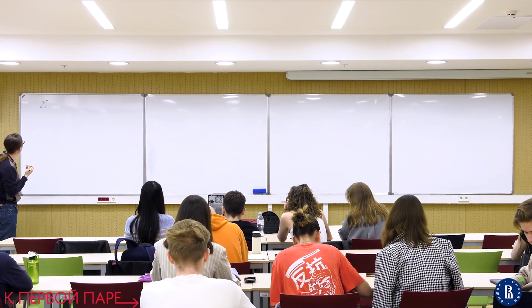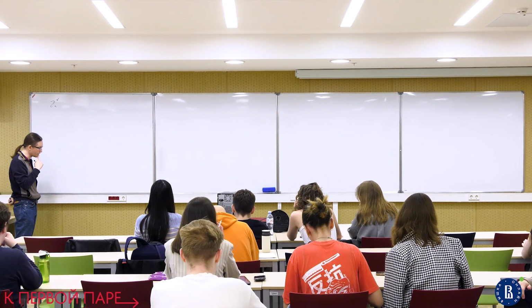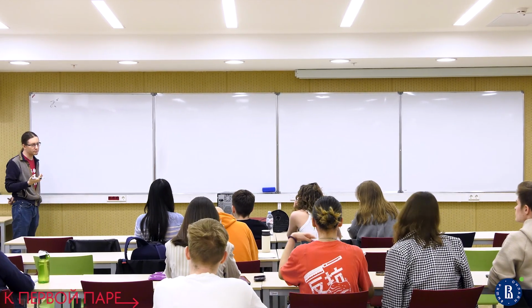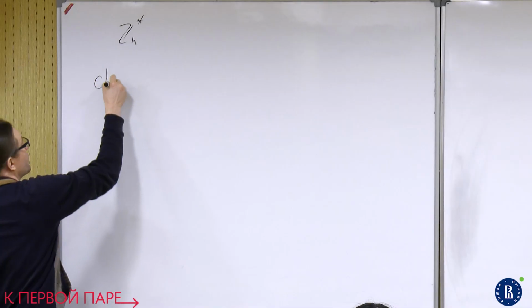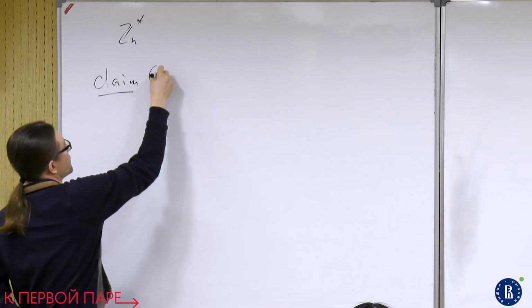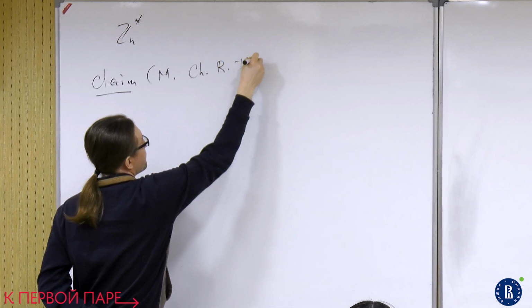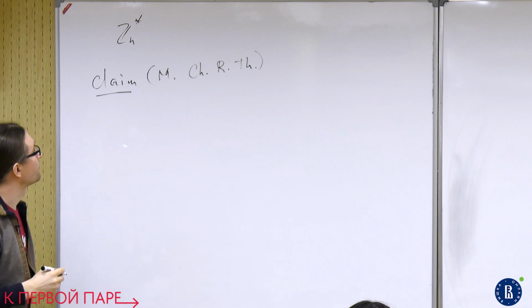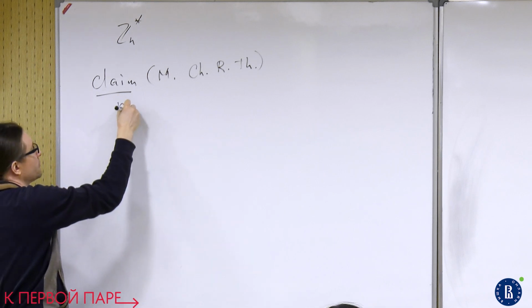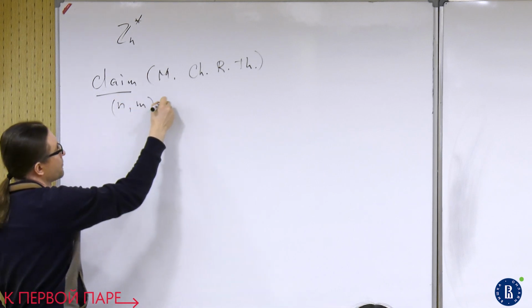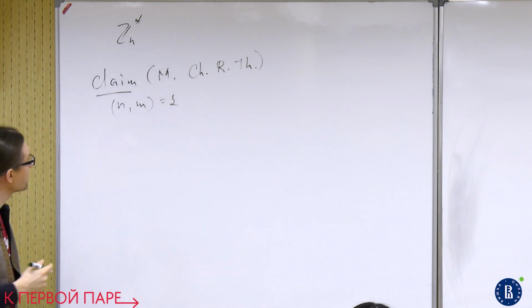And the first tool I need is the multiplicative version of the Chinese remainder theorem. Suppose we're given two coprime positive integers n and m.